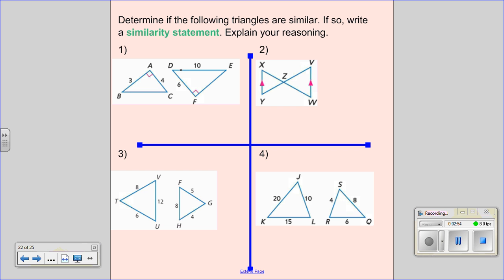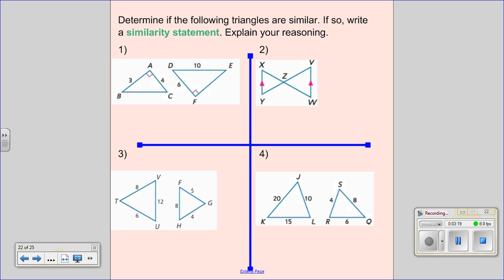The triangle on the right, DEF, shows us two sides, but the angle is not included. However, because it is a right triangle and we do have two sides given, we can find the other side, EF, using the Pythagorean theorem. So let's do that first.